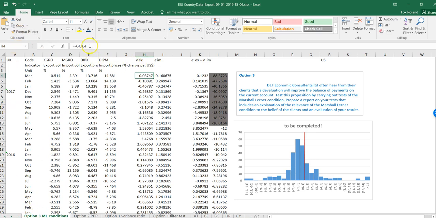And if we just click on here, we see that it is our C4, our export volume, divided by our export price. So when the price goes down, we would expect our export volume to go up. Notice that I've put in the little negative sign here to turn a negative elasticity into a positive figure, because the downward sloping demand curve is negative.